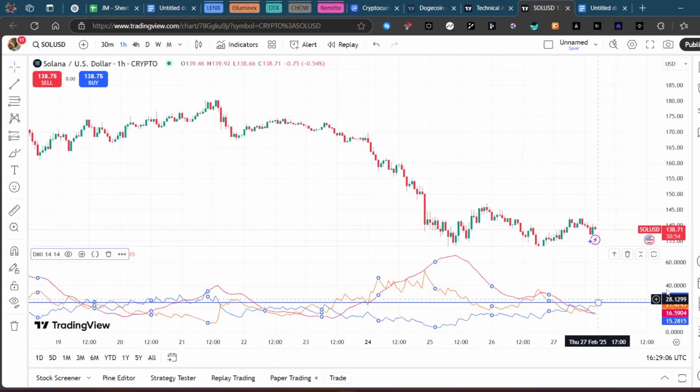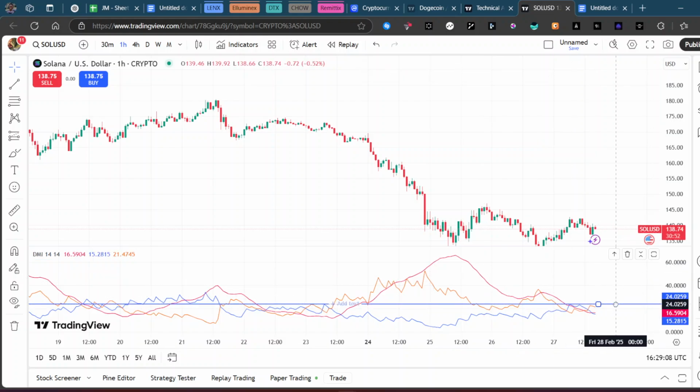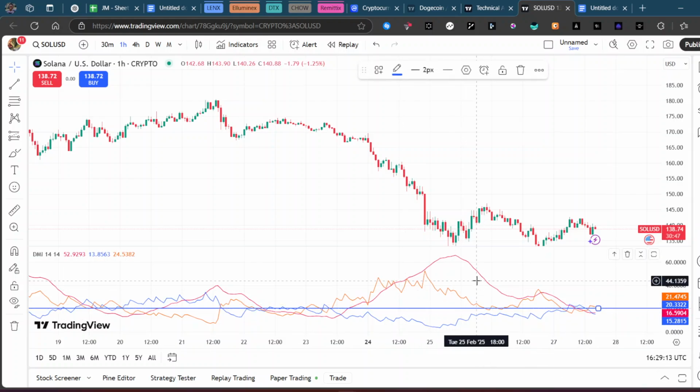And if the ADX is below the 20 level, the market is weak or ranging. So this is key to filtering out bad trades.